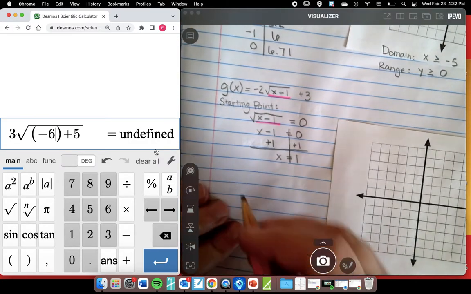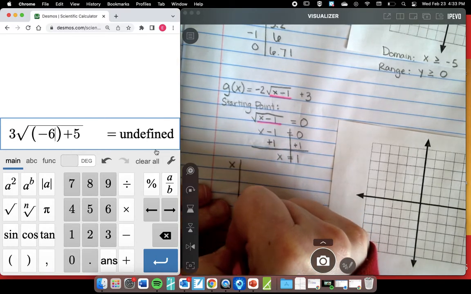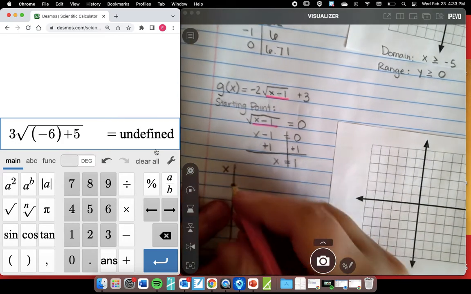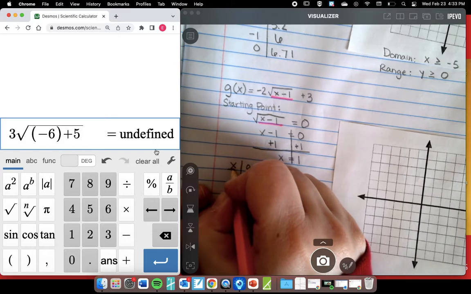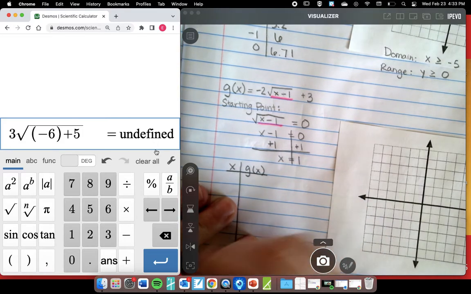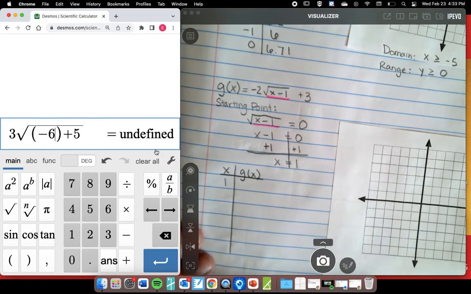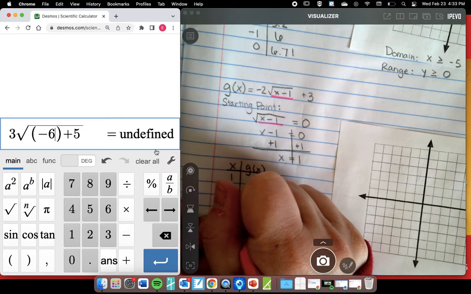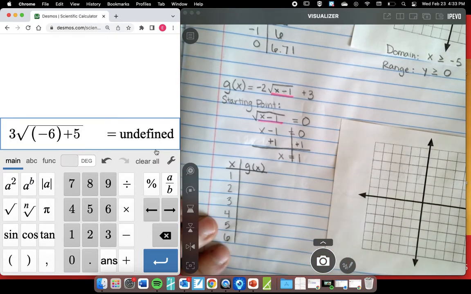And we can go ahead and make our table. We have our x, and this time instead of y, we're using g of x. That tells us that we're plugging it into function g. And we're going to start at 1, and then count up towards the positives: 1, 2, 3, 4, 5, 6.